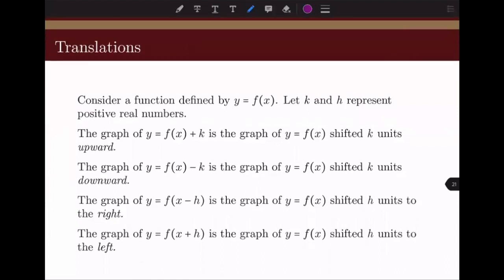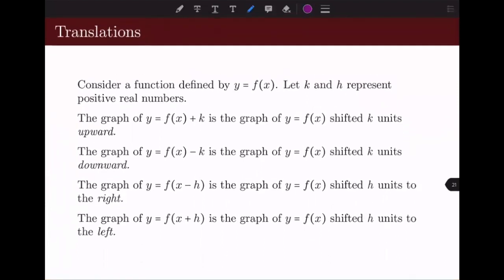The reason we wanted to know about parent graphs is because we want to talk about graph translations. If we consider a function defined by y equals f of x, and we let k and h represent positive real numbers, then the graph of y equals f of x plus k is the graph shifted k units upward. So when we add a number outside, we're moving up.